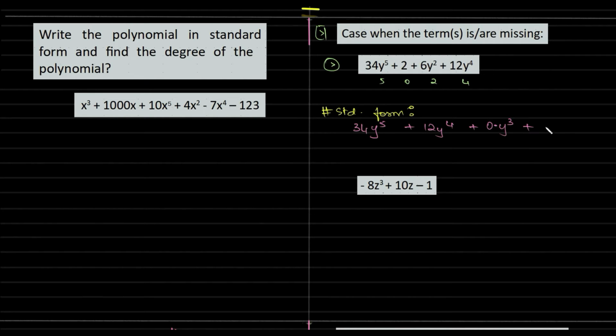And since there is no linear term, I can write it as 0 into y. And at last I have the constant, that is plus 2.